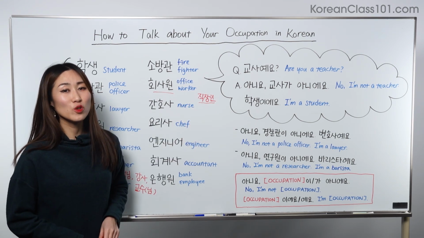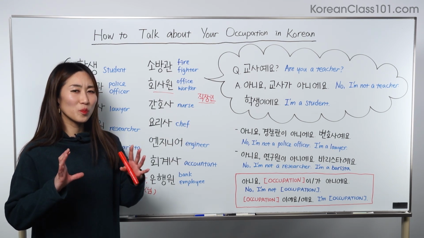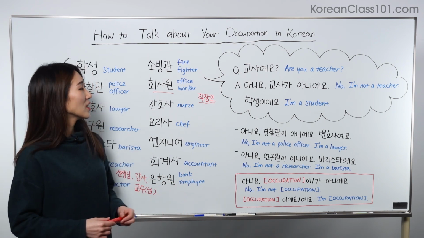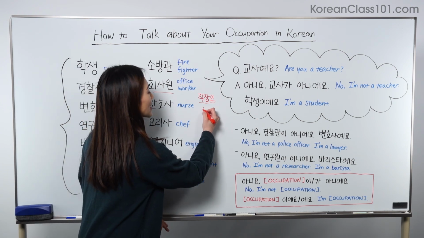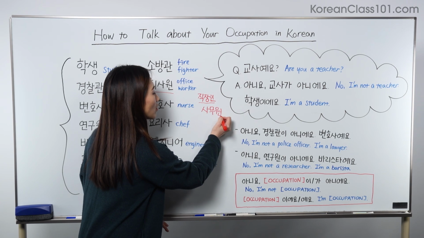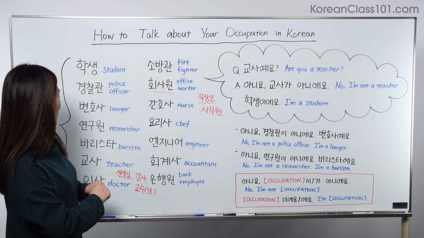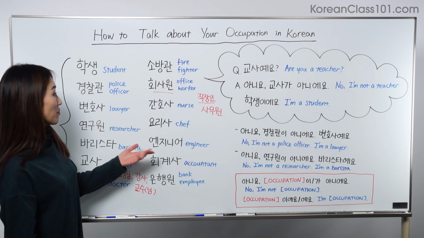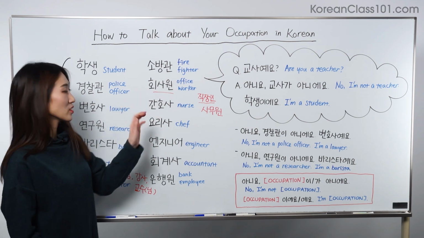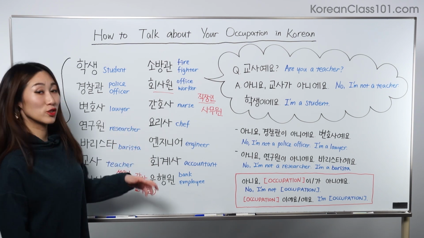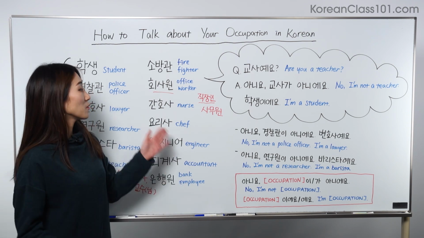But if you want to mention the occupation that deals with lots of documents in the office particularly, there is a word for it. 사무원. A lawyer and a researcher can be 회사원 too, because the law firm and the research organization can be a company for them too.